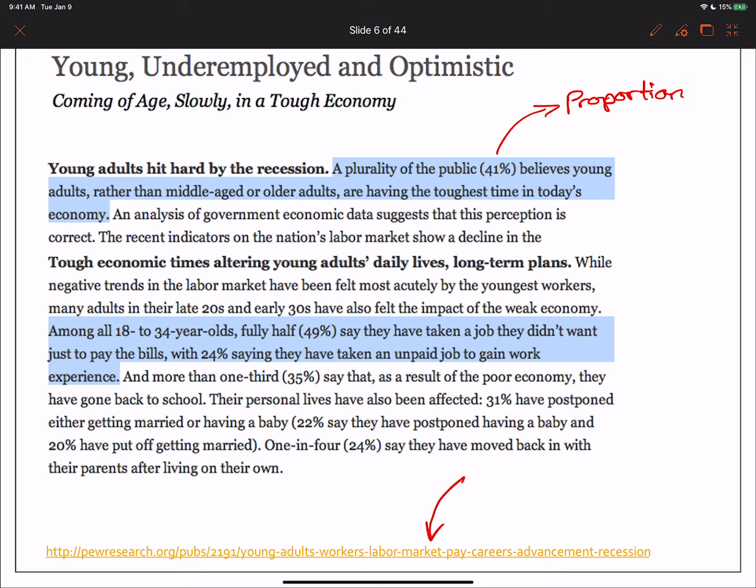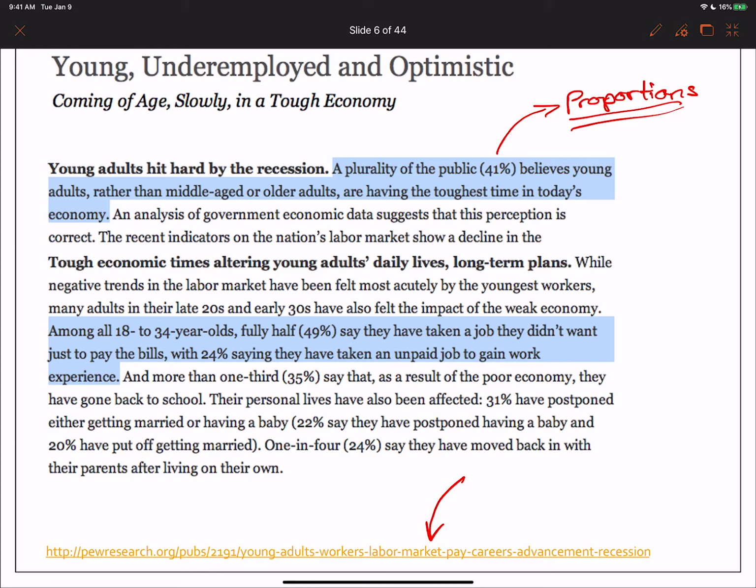In a lot of statistics, at least the statistics concerned with social or economic situations, we're dealing with proportions. What percent of people have this? What percent of people fit in this category? What percent of people fit in that category, etc. That's usually what we're concerned with. So we're going to call them proportions.